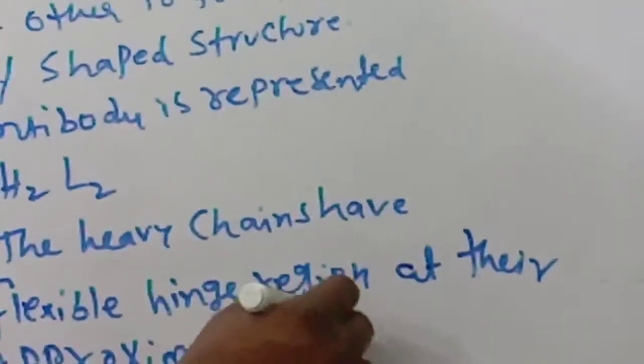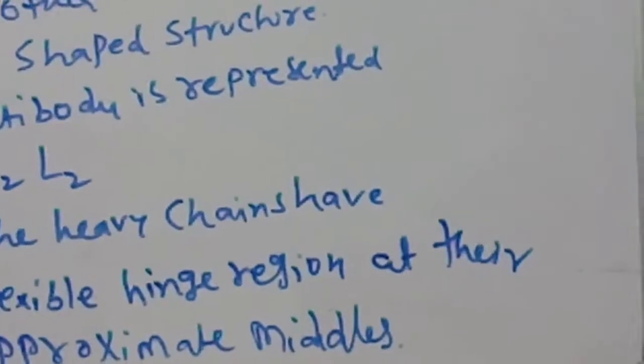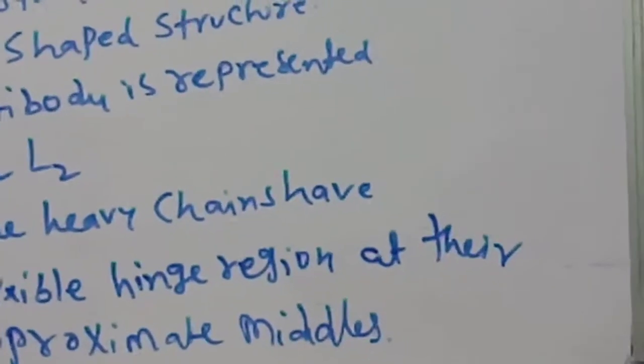Okay, children, approximate middles. They have flexible hinge regions present.